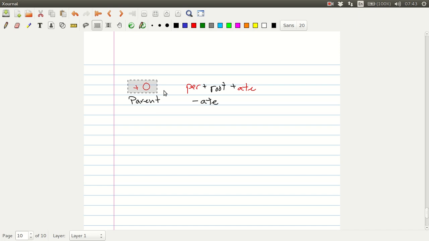Okay. Now, if you minus one oxygen, then what you're going to have is the root plus, and then instead of ATE, it's going to be ITE. And I guess I'll just rewrite this just like I do up there.